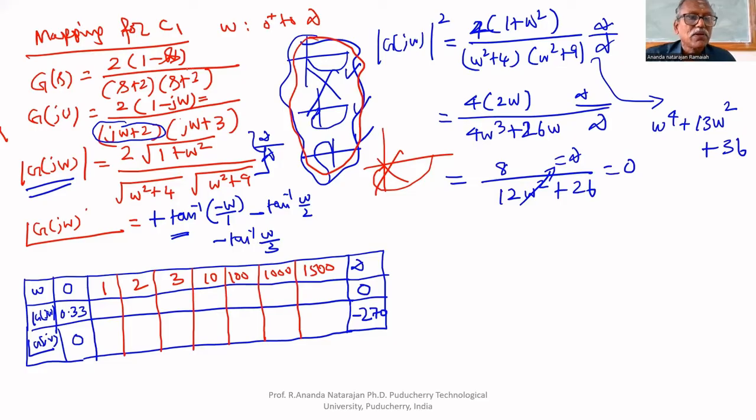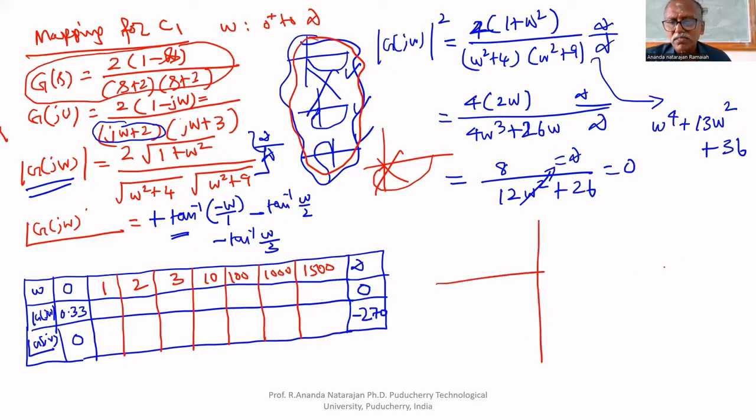Because the plot starts at 0.33 angle 0, and ends at the origin at minus 270, that is why it must come like this.